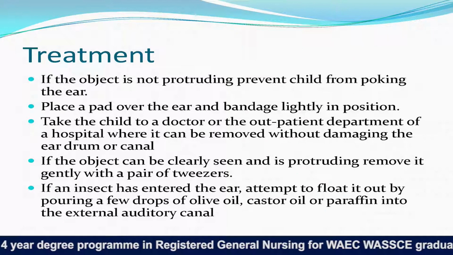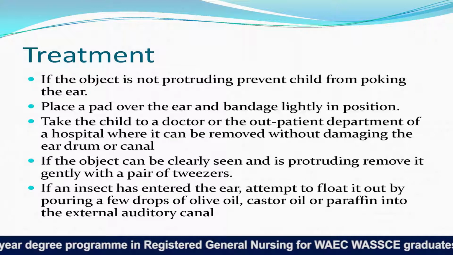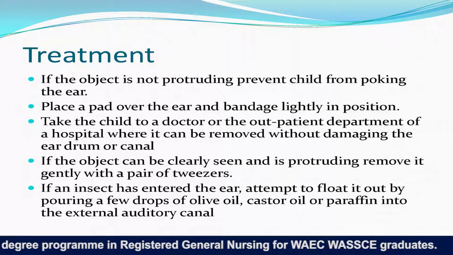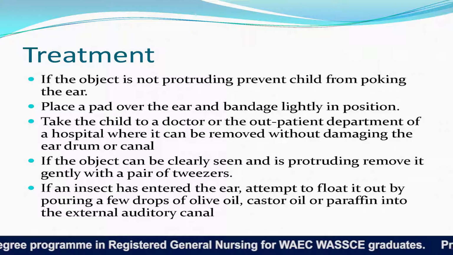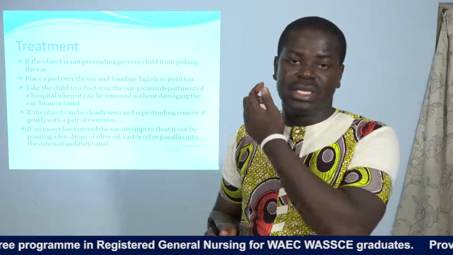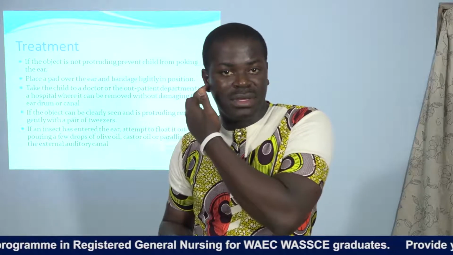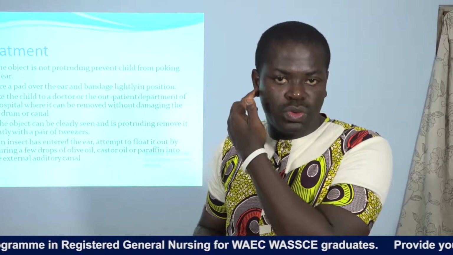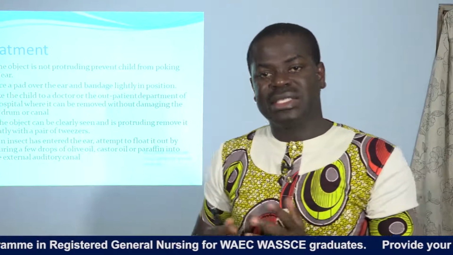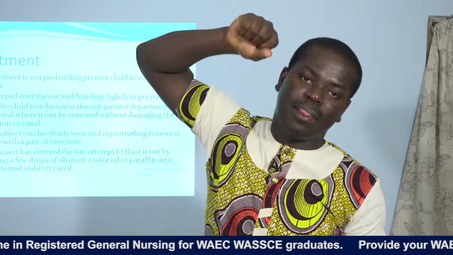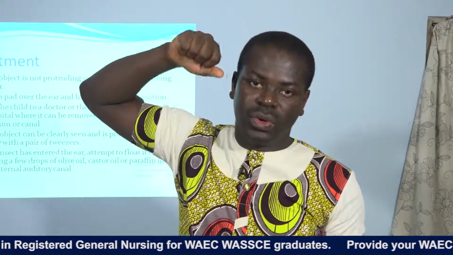If an insect has entered the ear, attempt to float it out by pouring a few drops of olive oil, castor oil, or paraffin oil into the auditory canal. Sometimes an insect can enter the ear and will not even die. It will still be alive inside the ear. So for you to kill that insect, you need to drown it in oil.